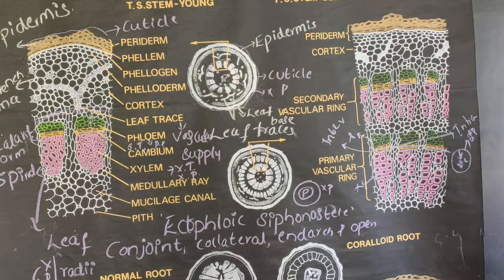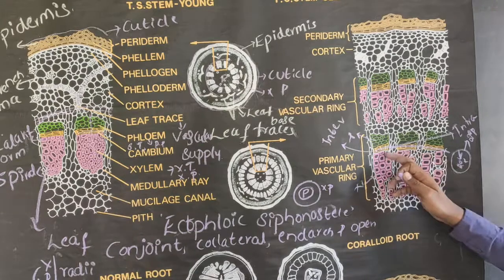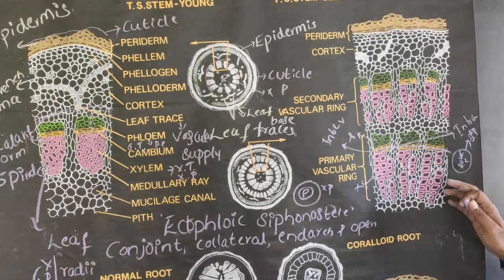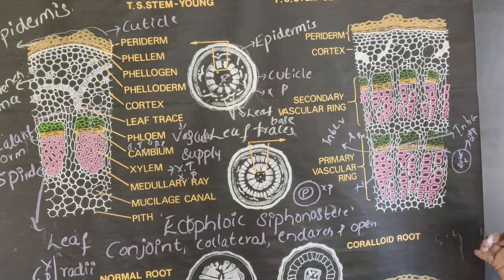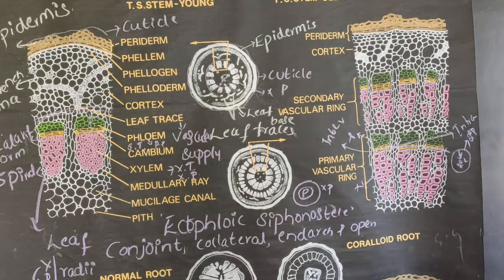Then, when it becomes inactive, another cambial ring is formed, and that cambial ring produces secondary xylem towards the inside and secondary phloem towards the outside. Again another ring of vascular bundles is formed. Once the second ring of vascular bundles is formed, the cambial ring again becomes inactive, and another cambial ring is produced.